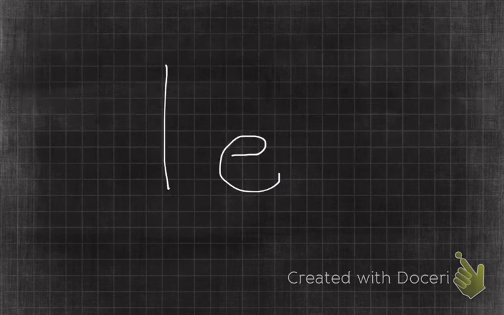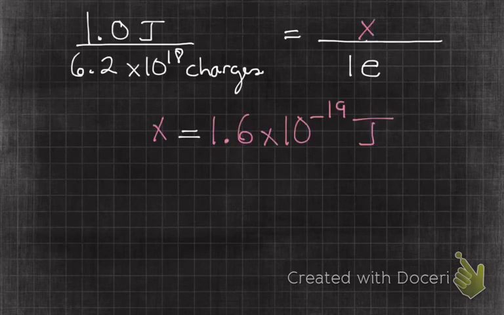But how about one little lonely itty bitty charge? What is the amount of work done on that little charge? Well, we can set up a ratio. If 1 joule is the amount of energy transferred to 6.2 times 10 to the 18 charges, we can set up a ratio on the other side using x as the amount of energy for 1 charge.